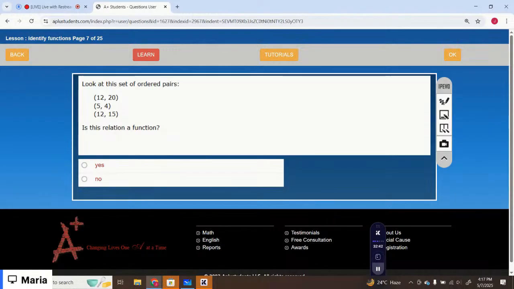Is this relation a function? The correct option is no, that is not a function. Option number two is the correct option.